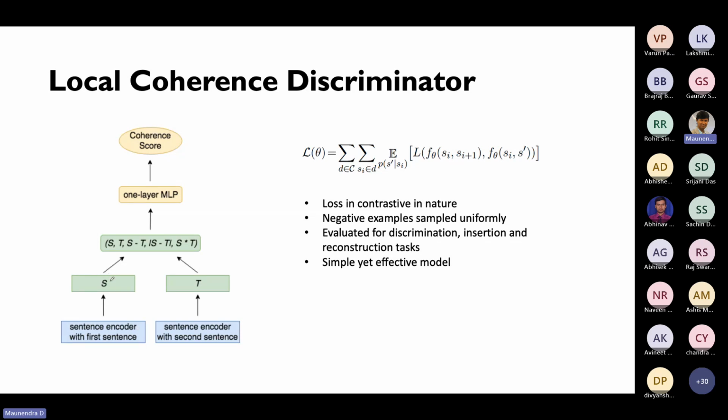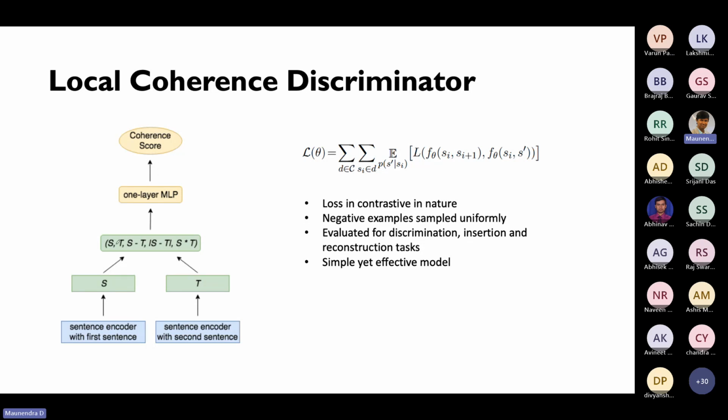So you get representation S for the first sentence and T for the second sentence. Now, what you do is you create a larger, wider feature vector by concatenating S, T, S minus T, absolute value of S minus T, and element-wise multiplication of S and T.